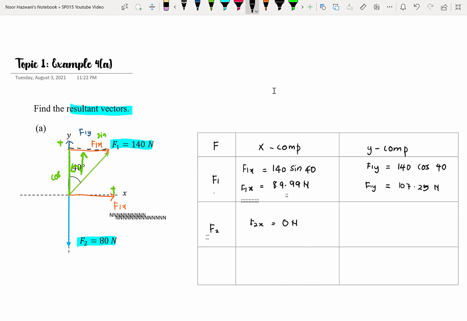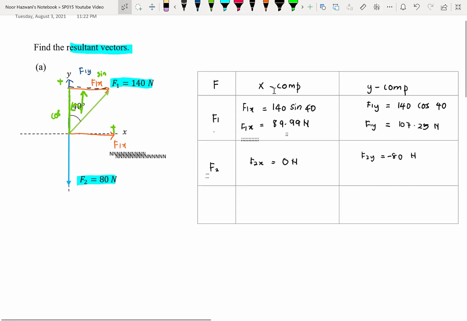Okay, so for F2Y, you just ambil je lah dia punya nilai, which is 80 Newton, but then it is acting downward, so you have to put negative, and then you have to find out the net component.